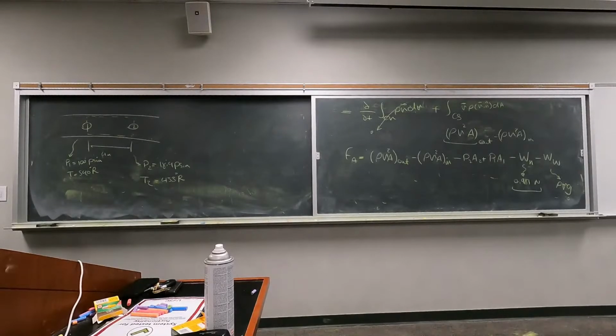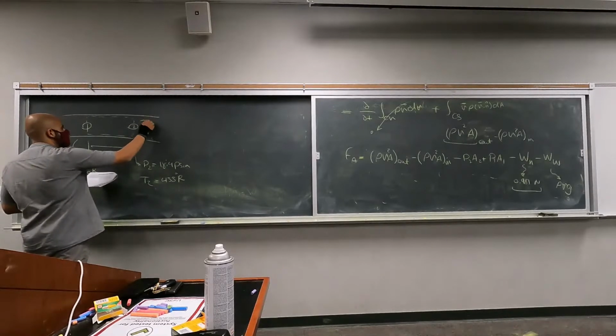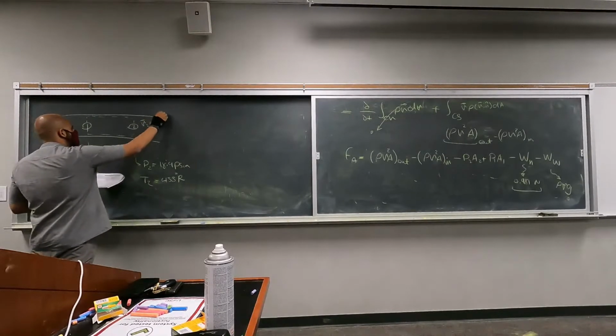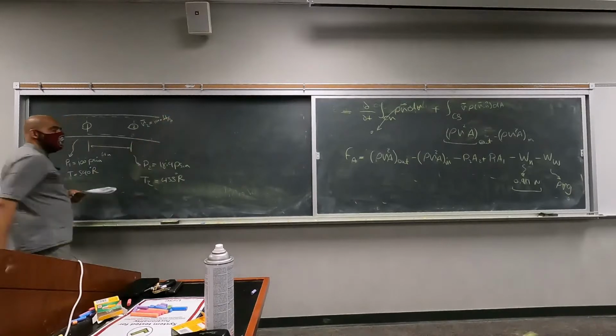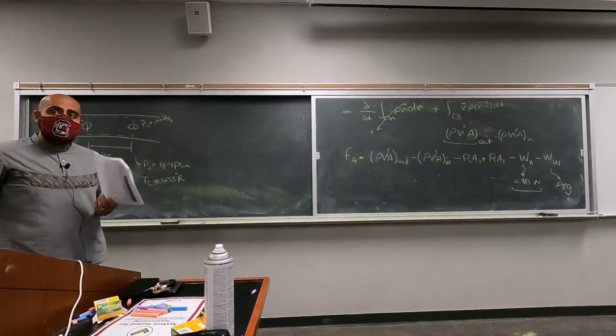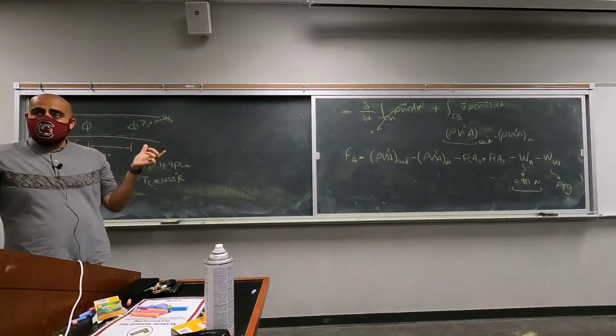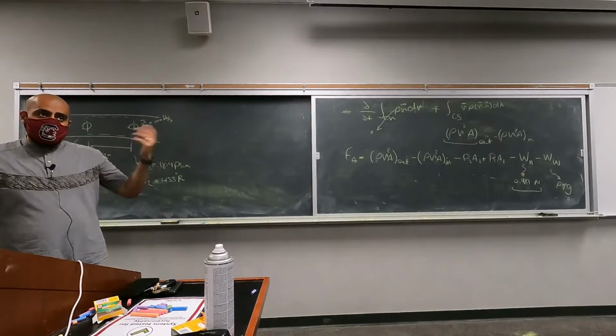We have the average air velocity at section 2, which is 1,000 feet per second. V bar 2 is 1,000 feet per second. Again, we are given the average air velocity. What does this mean? It means that we can safely assume that velocity is distributed uniformly, and the magnitude of that velocity is the average velocity, right?